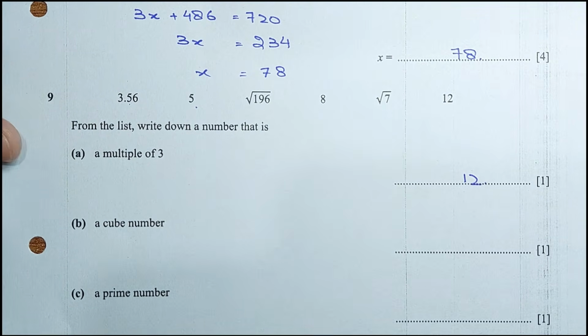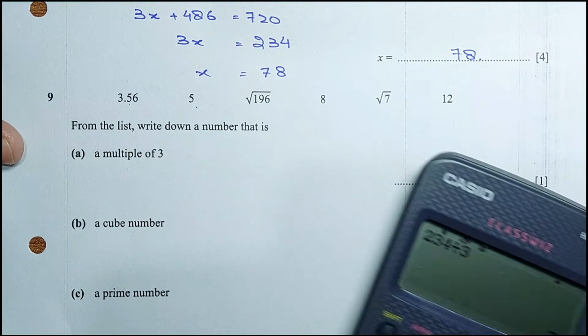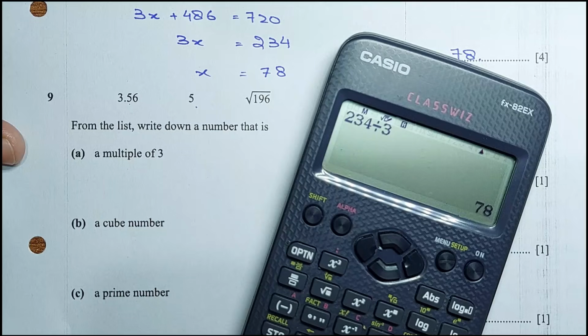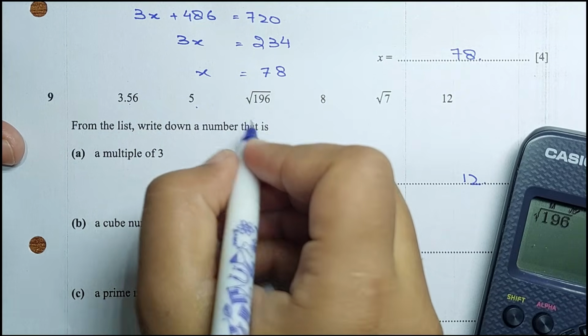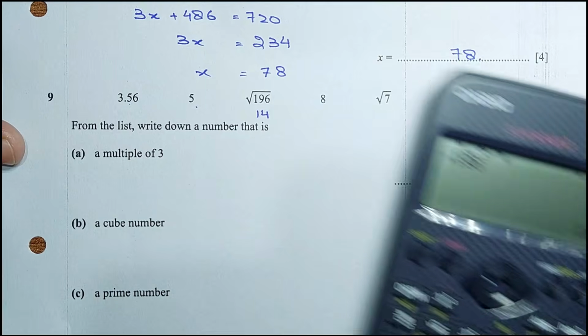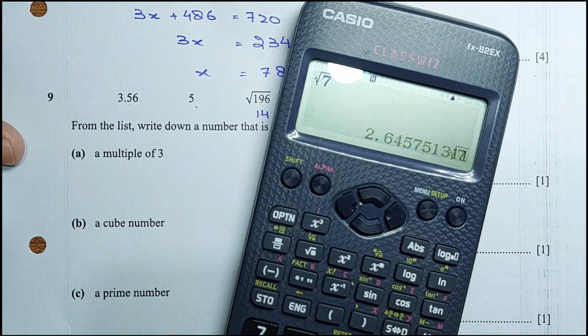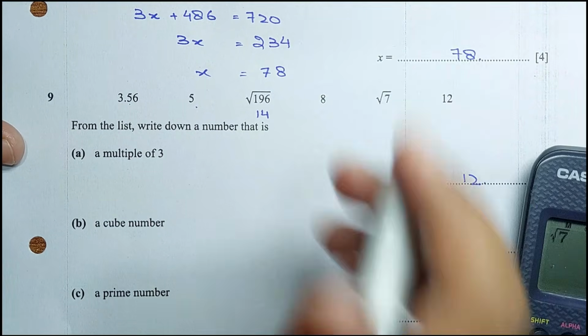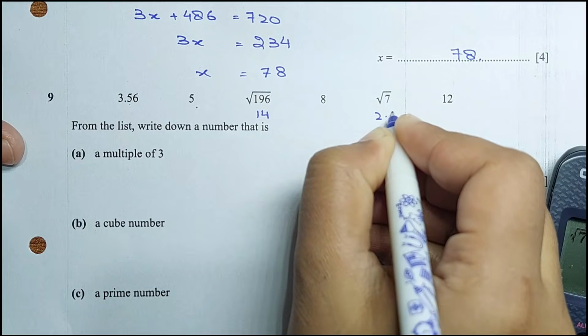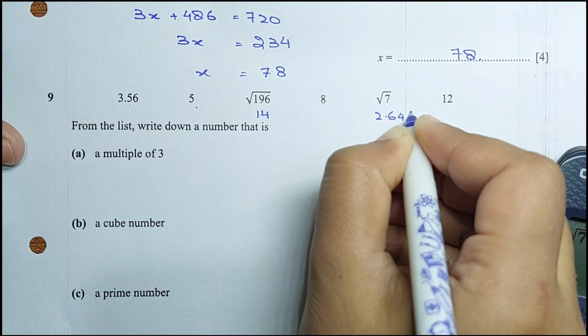Part B, a cube number. Which is a cube number? Let's see. What is root 196? It's 14. This number is 14. And root 7 is 2.646.